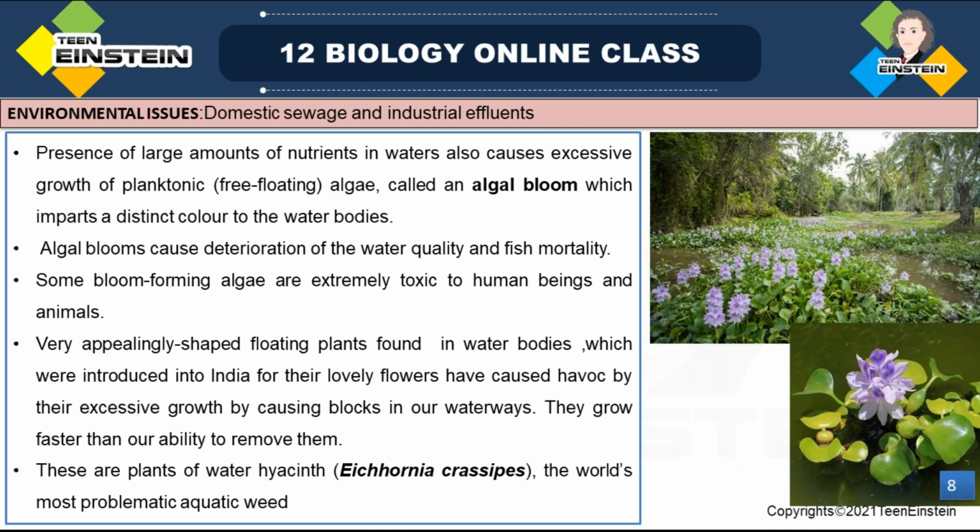You might have seen some colored flowers. See, here you can see Eichhornia, the colored flowers, and that will be very beautiful, and that will be like some kind of shape, free floating algae in water bodies. Actually, these plants, these were introduced into India because of that beautiful flowers.